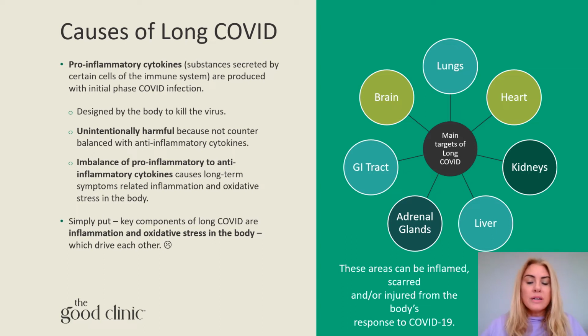Again, we're learning more, but the key targets so far that we've seen are lungs, brain, heart, GI tract, adrenal glands, liver, and kidneys. There also was some talk on previous slides of joint pain. And certainly when you have the brain affected, that brings in all of the different mental health issues, including a large majority of patients with long COVID reporting depression.